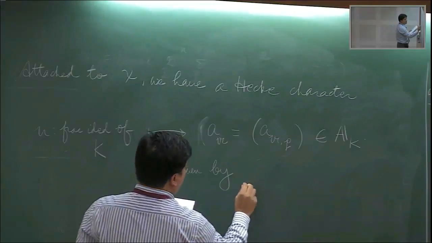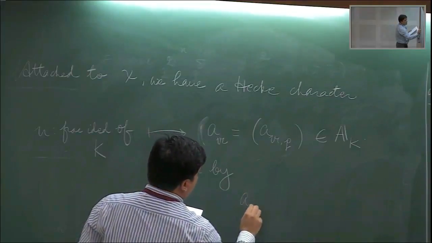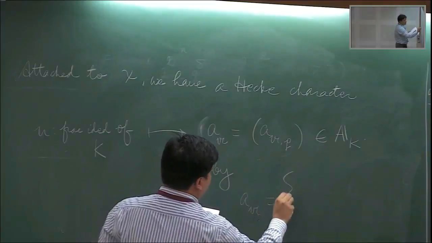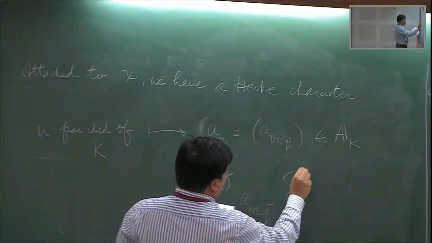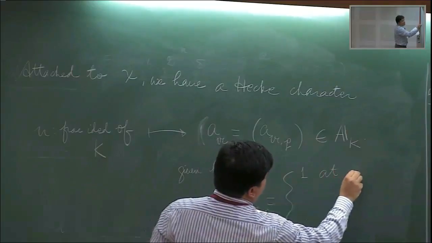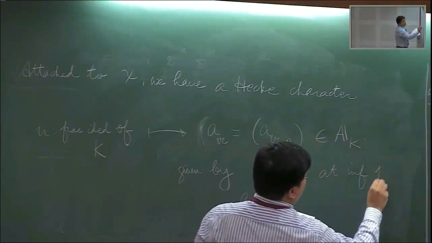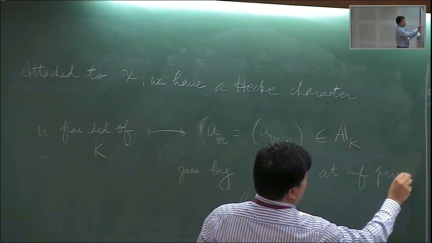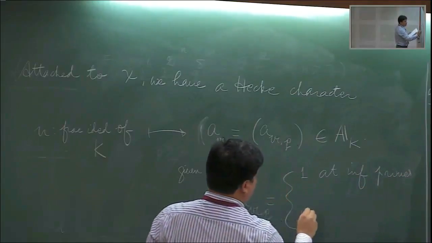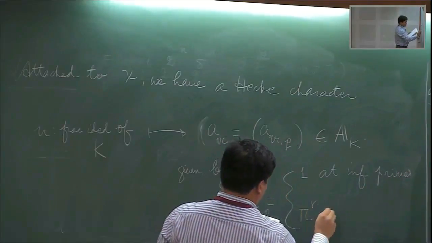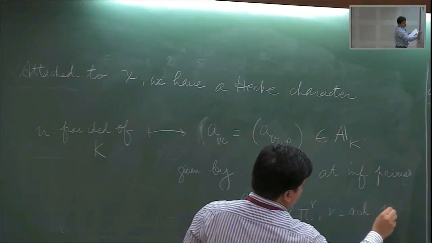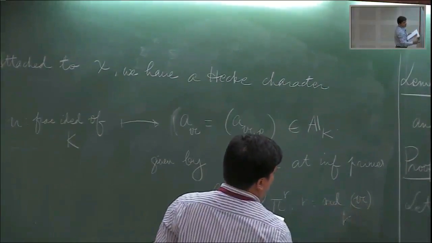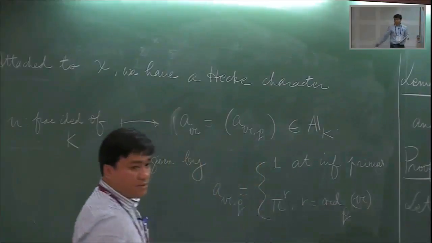So this is equal to 1 at infinite primes, the Archimedean primes, and it is pi to the power of r, where r is equal to the order of A at p, and this pi is the uniformizer of this p.